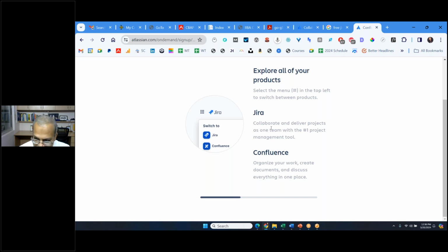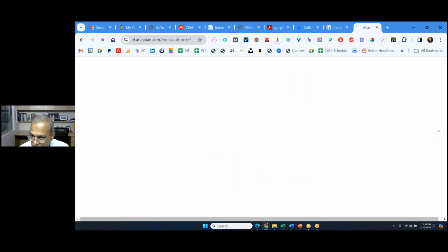Jira essentially started as a bug tracking tool, but now it has become a good requirements management, backlog management, task management tool. Confluence is essentially a documentation system, and a lot of companies use both of these products. And using Confluence, you can write quite good Word version of documents.